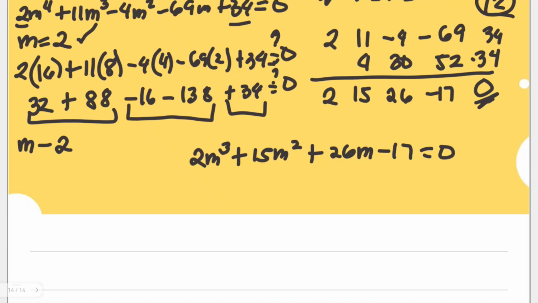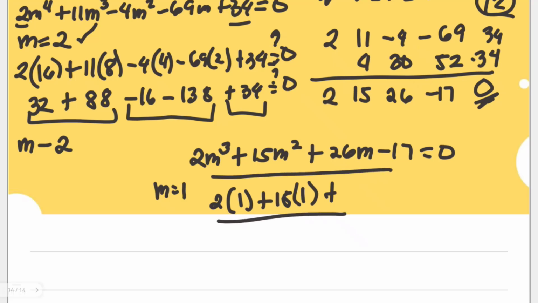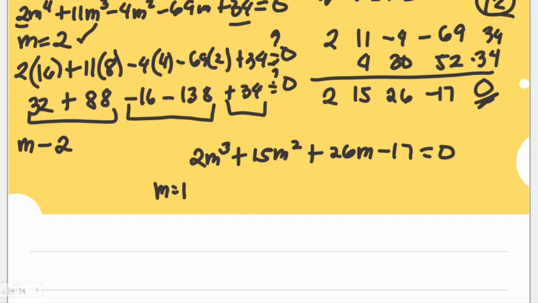Let's look into this one here. If you're going to try 1, if m is 1, that's 2 times the cube of 1, plus 15 times 1. These are all positive. That's too large, so it cannot happen here. Okay, it's not possible.